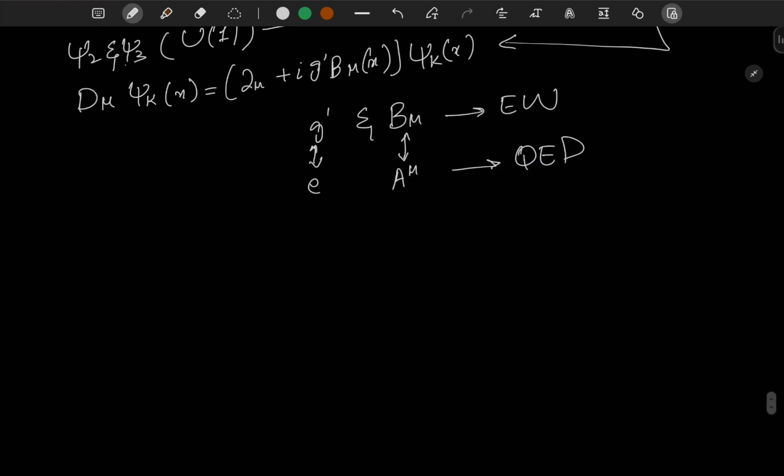Now if we move towards the psi 1 field, since psi 1 is a doublet and it follows the SU(2) symmetry, and SU(2) is non-abelian, eventually we are going to get an extra term, like we got in the case of QCD. So here we go.